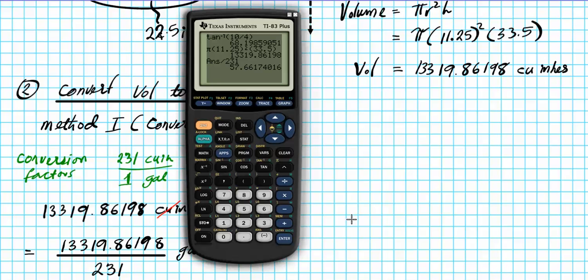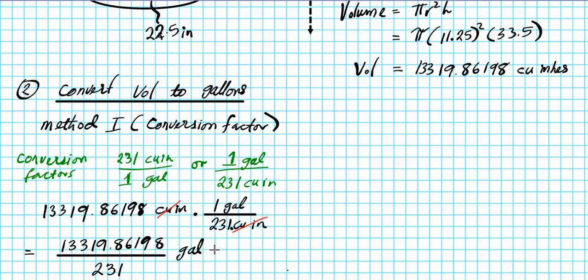Enter, 57.6617. So let's write it down, 57.6617 gallons. But in this problem, we're to round it to the nearest tenth.